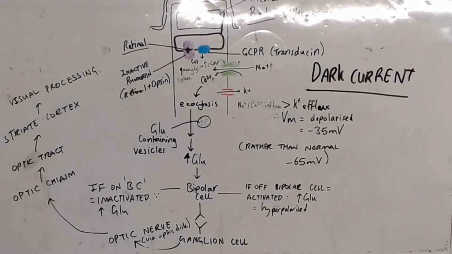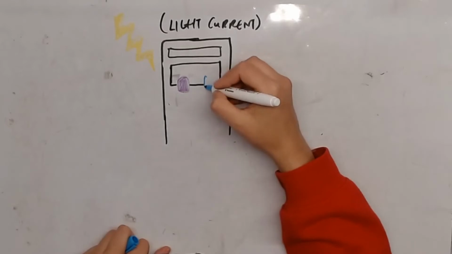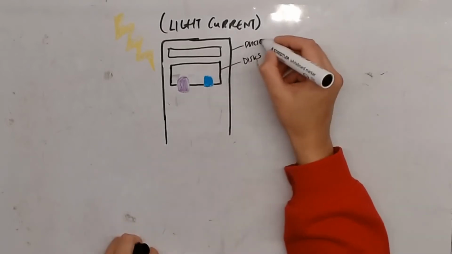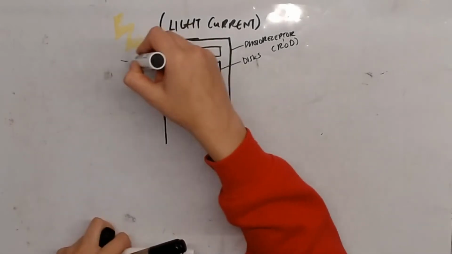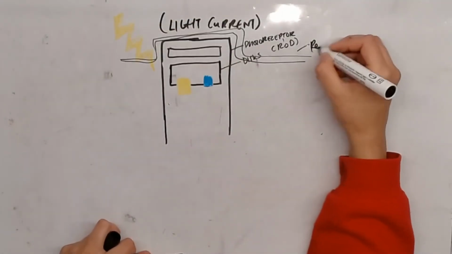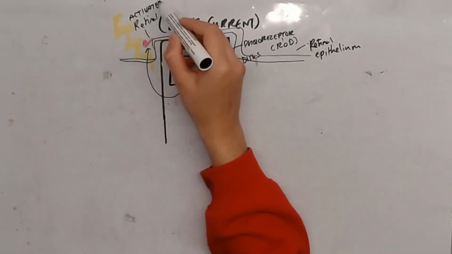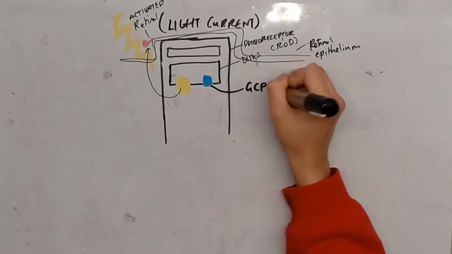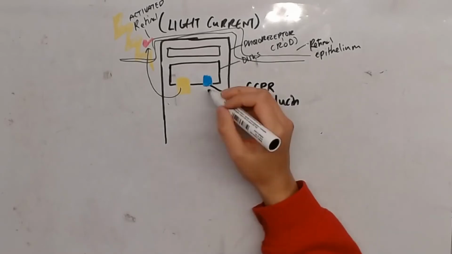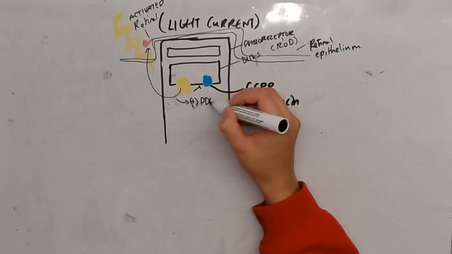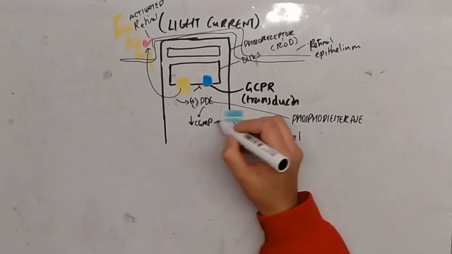When in the light, the rhodopsin is bleached, leaving the bleached opsin in the disc and the activated retinal to dissociate into the retinal pigment epithelium, where it can then activate transducin to stimulate phosphodiesterase to inactivate guanylyl cyclase, which reduces the production of cGMP, which closes the cyclic nucleotide-gated channels, and now the potassium efflux exceeds the net positive influx, which results in hyperpolarization, inhibiting the release of glutamate.